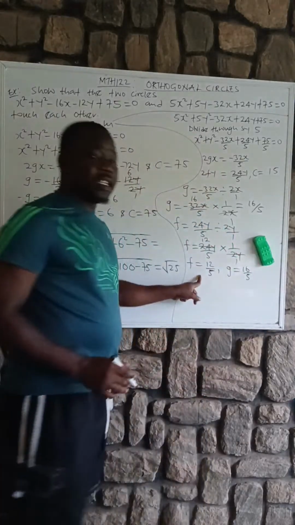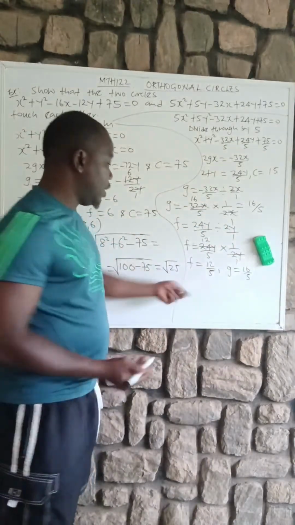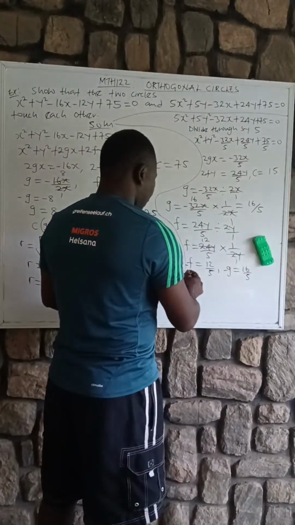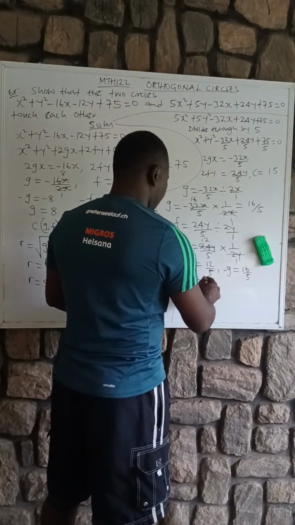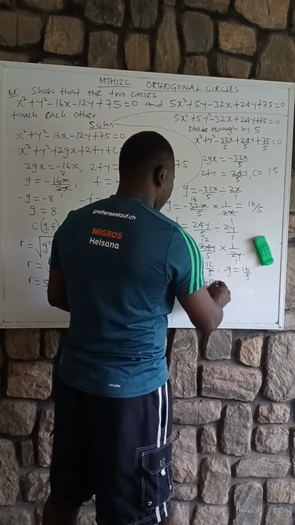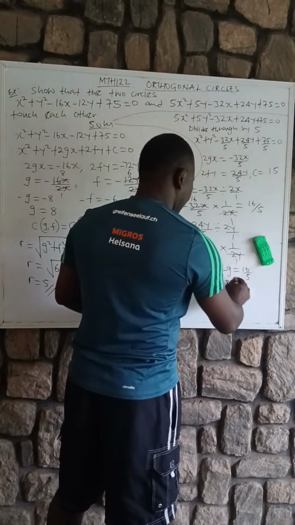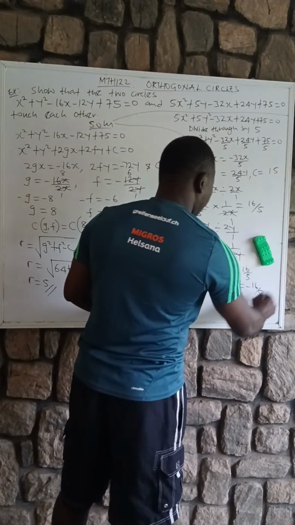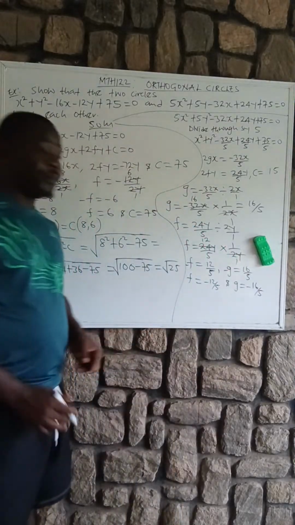But note that the center is always what? Negative. So here is minus F, here is minus G. So our F will now be equal to minus 12 all over 5 and G will now be equal to minus 16 all over 5. Take note of this.